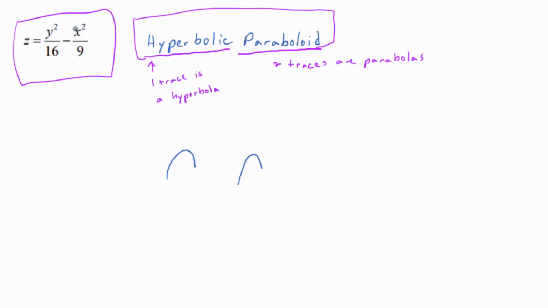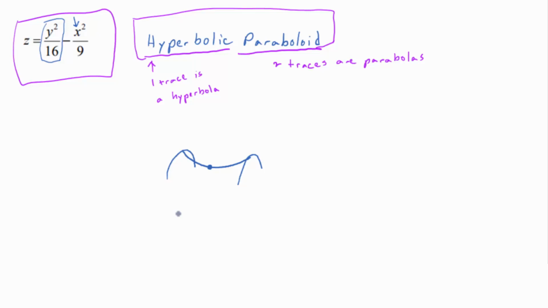The one I draw specifically is the one when x equals 0, and then you get z equals positive y squared over 16. It's pretty easy to show that that's going to go through the origin. So for the parabola that opens up, the origin will be right around there, in the middle of that trace that's opening up.